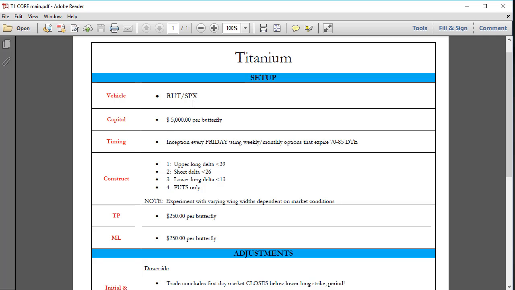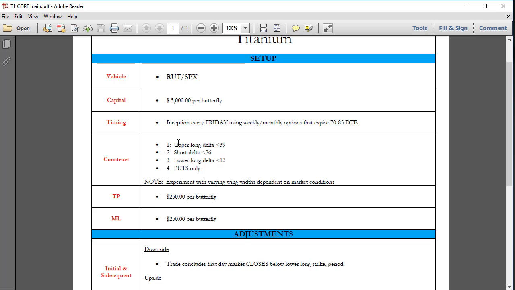So again, here's the construct and here's the setup. Russell or SPX, capital outlay is $5,000 per butterfly. That will change depending on wing widths, strike selection, days to expiration, etc. But we put this on every Friday, utilizing either weekly or monthly options that expire in 70 to 85 days, and here's how we construct them.